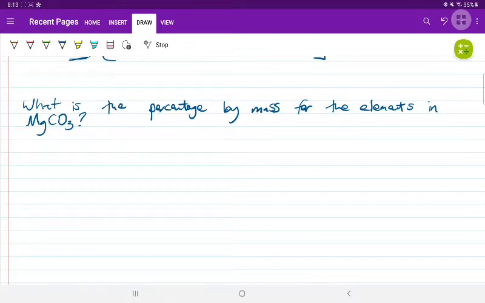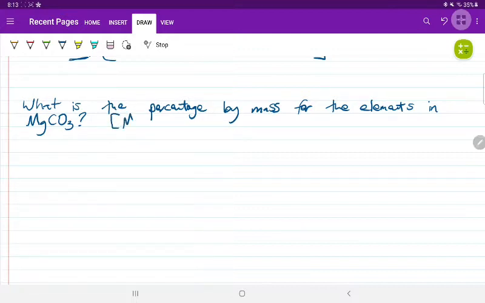Sometimes they'll change the wording of the question. They may just ask you what's the percentage by mass. Once they're asking you for anything relating to percentage, it's the same thing. So what's the percentage by mass for the elements in magnesium carbonate?